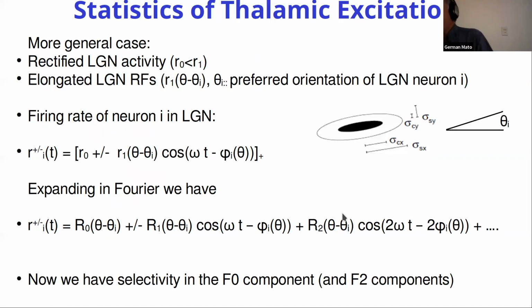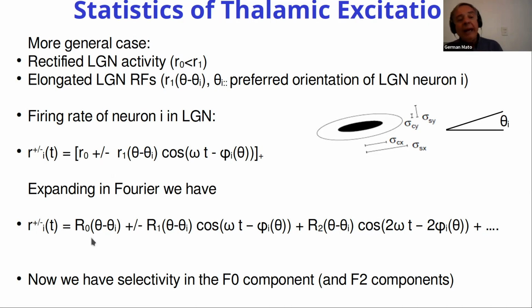Now let's go to the most general case. What happens if the LGN activity is rectified, and what happens if the receptive fields in LGN are elongated? The calculation becomes a little more complicated, but it can be done. We take the expression that defines the rate of the neuron in LGN and expand in Fourier in time.